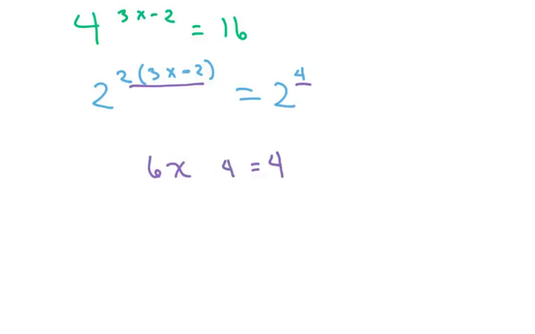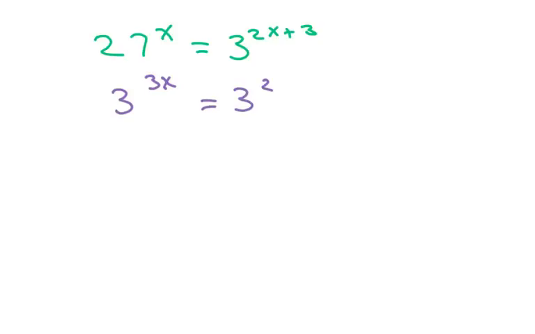So this should be minus. Sorry about that. So if you add 4 to both sides, you get 6x equals 8, because you're adding 4 to both sides. So x equals 8 over 6, which if you reduce that, that's 4 over 3. So x is 4 over 3.